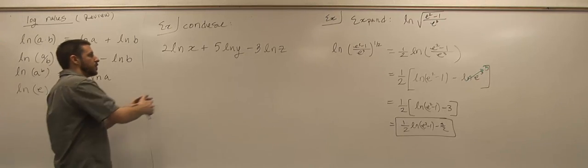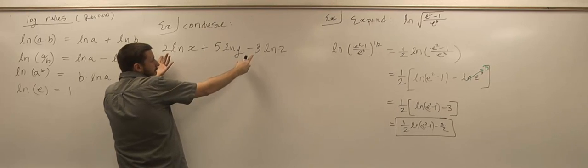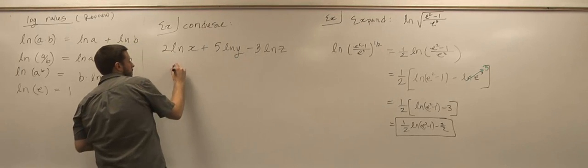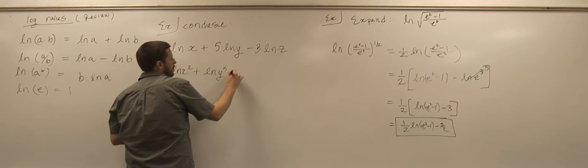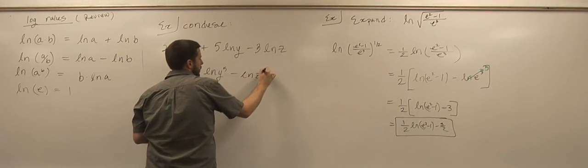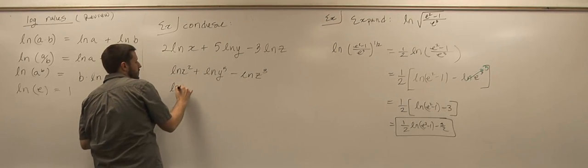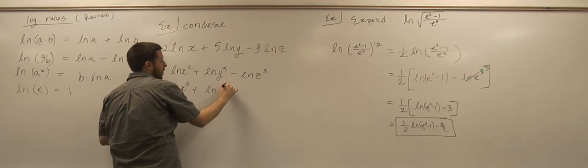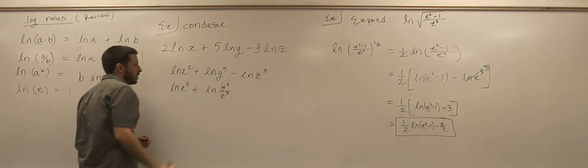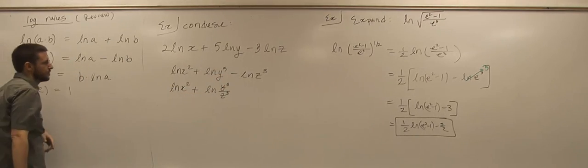So for example, if you want to do it from right to left, first you have to put up all of the exponents. So this will be ln of x squared plus ln of y to the 5th minus ln of z cubed. And then if you connect these two guys, you'll get ln of x squared plus ln of y to the 5th over z cubed, because the subtraction turns into division according to this rule.